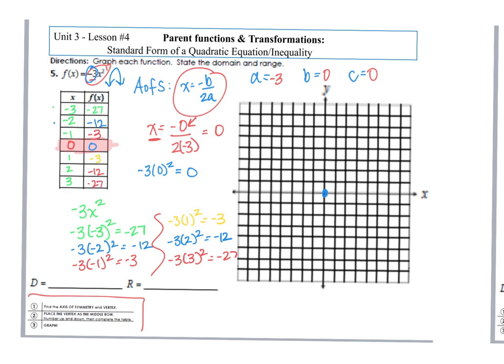Okay, this happens with parabolas. Parabolas are symmetrical. It's a lot like it was with our absolute value graphs. Notice that we have our vertex. It's the only point for y where the values do not repeat. So that's kind of how you identify your vertex, especially if you're using your graphing calculator when we get to that point. 0, that's the only y that will be that number, and then on either side of that we have identical numbers, negative 3.